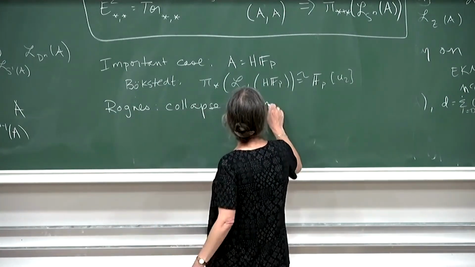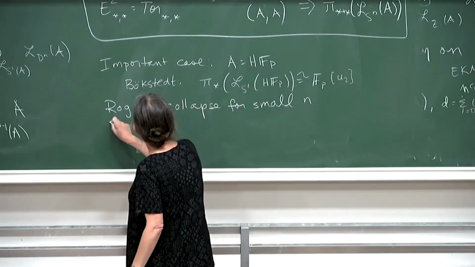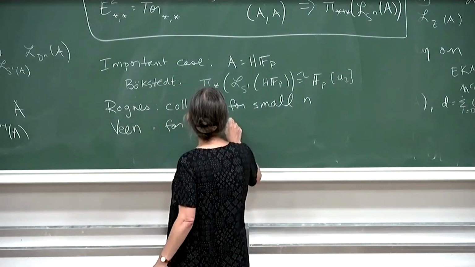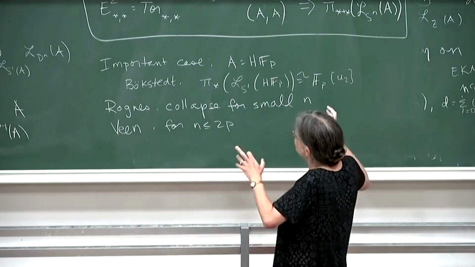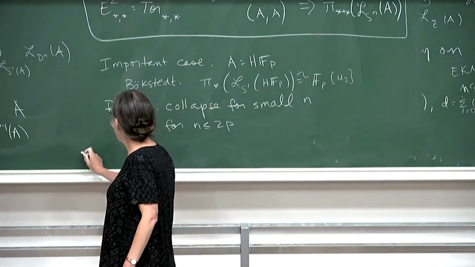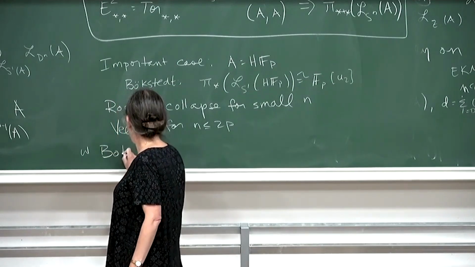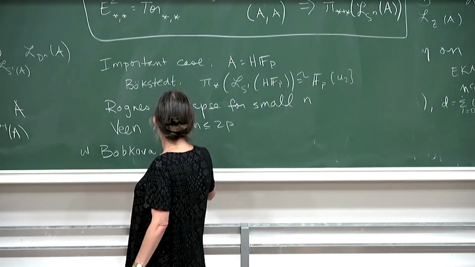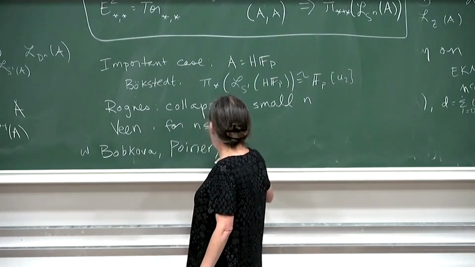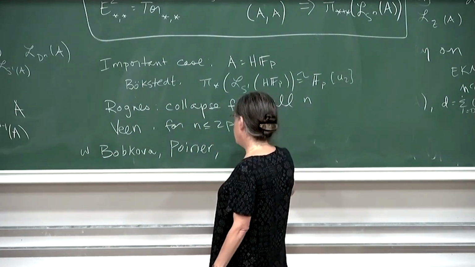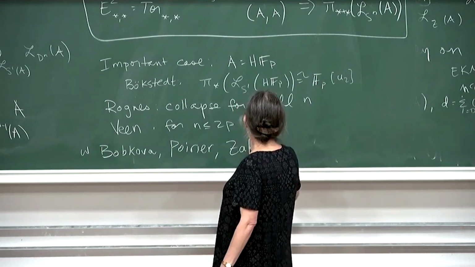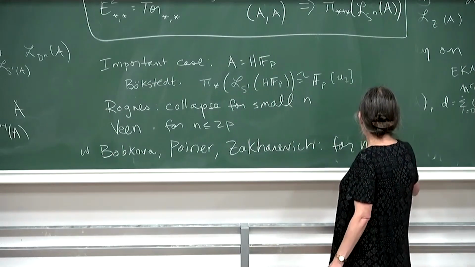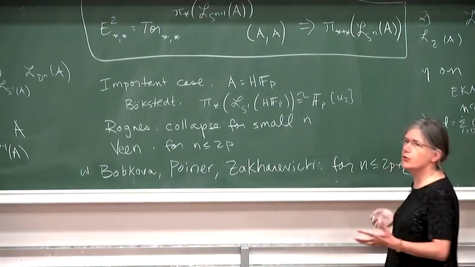Collapse for small n, and Veen for n less than or equal to 2p by studying more structures. There are no differentials, so it could be non-zero. And then with Bobkova, Poirier and Zakharevich, we did it for n less than or equal to 2p plus 2 by studying more structures, and there just couldn't be differentials.